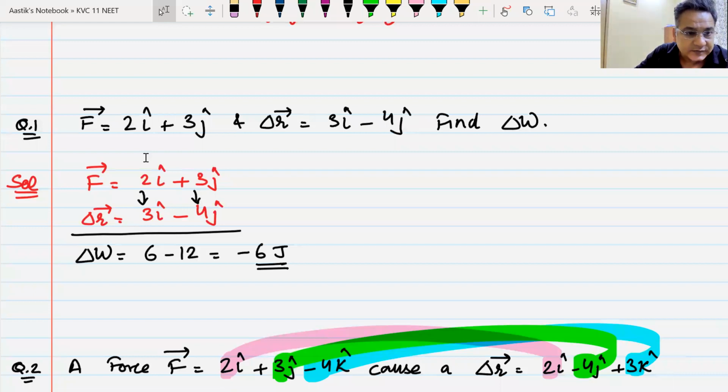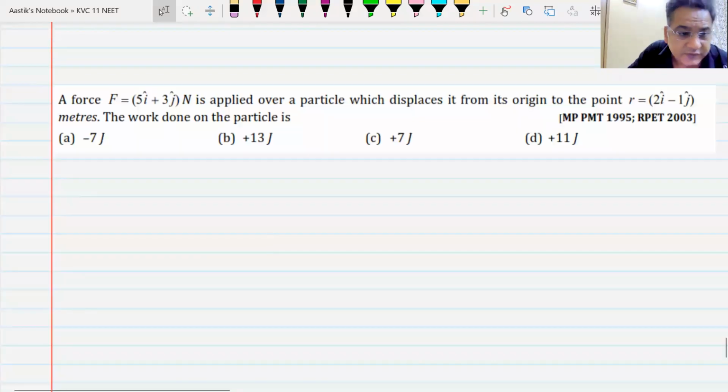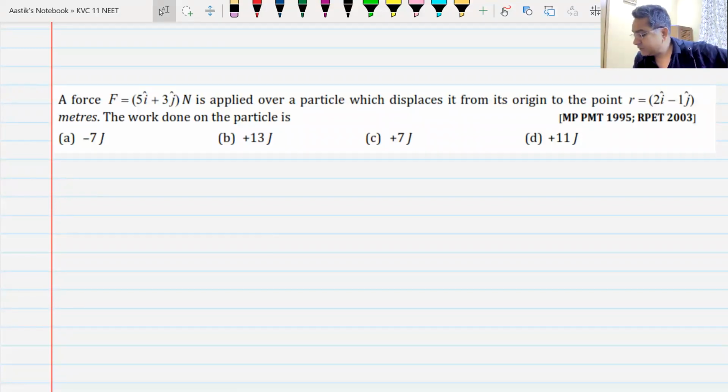So this is the next question that is going to come. Again, it is taken from one of your previous exams. I hope that you are able to solve this. The question is pretty simple. A force 5i plus 3j. Remember, in your exam, you might not get a three-dimensional force.